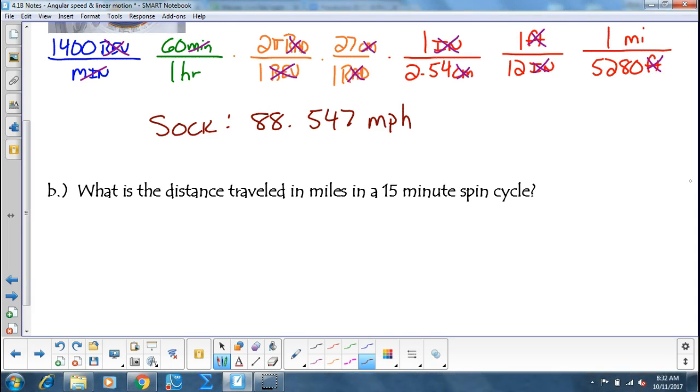So how far did that sock travel in 15 minutes? Well, that sock is traveling at, I'm going to leave it on my calculator, but for purposes of writing it down, I'm going to write it down as 88.547 miles per hour.